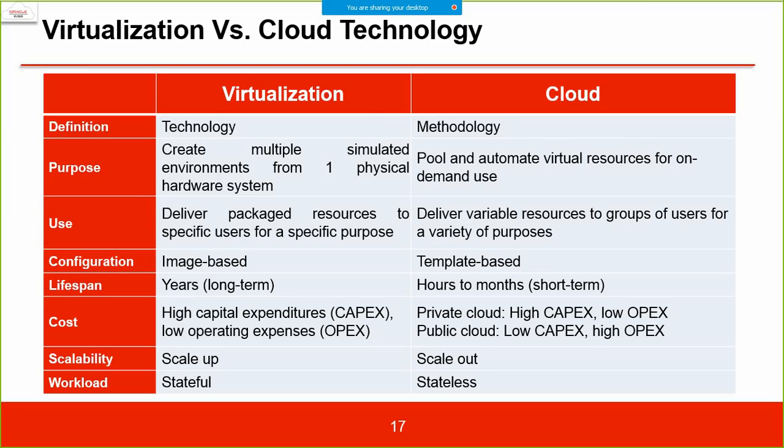Let me take a very simple example of a window. We have one inquiry window open, and we have a queue in front of the window. Now the queue size may increase or decrease, and it may be so heavy that one person is not able to handle the entire queue. So if we have only one window, we cannot handle the load. What we need to do is open another window.